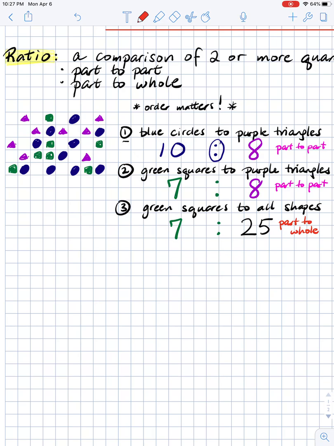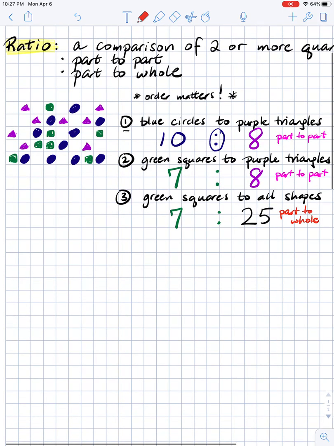You often see ratios in baking and in cooking as well, and we'll get more into that later. I will give you one problem at the end of this video to work with as well, but I do want to move on to equivalent ratios.